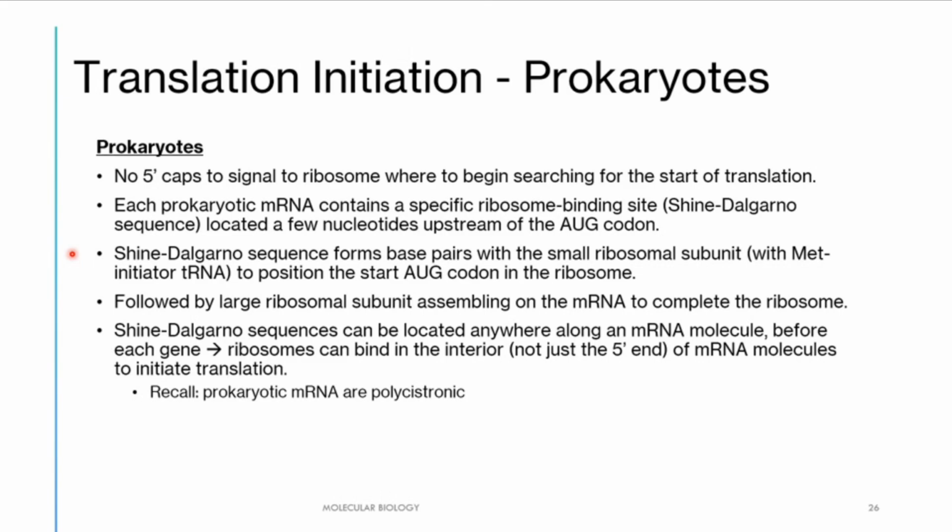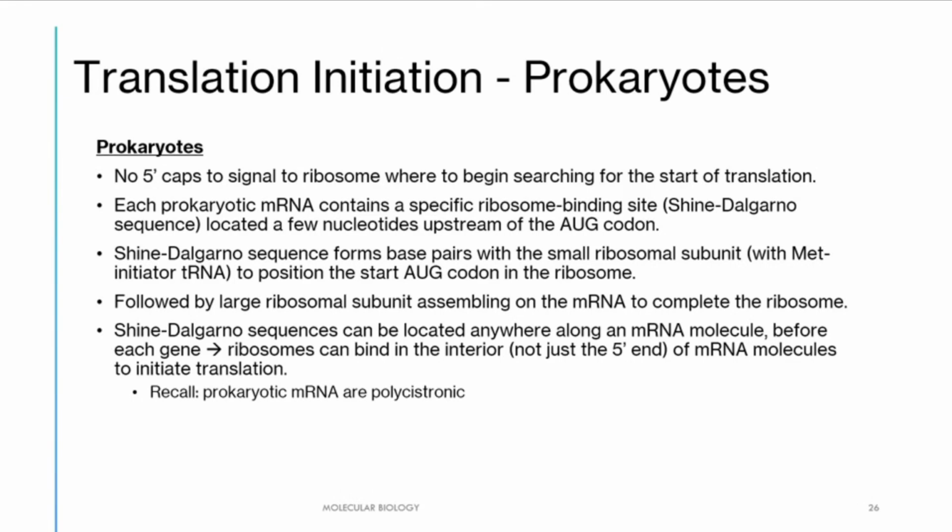So you have a Shine-Dalgarno sequence, followed by the start codon of the first gene, stop codon, and a little bit later, the next Shine-Dalgarno sequence for the next gene, start codon, stop codon, and the next Shine-Dalgarno sequence for the third gene, stop codon, etc., along the entire mRNA molecule. So you can expect multiple initiations to take place on one piece of mRNA as well.